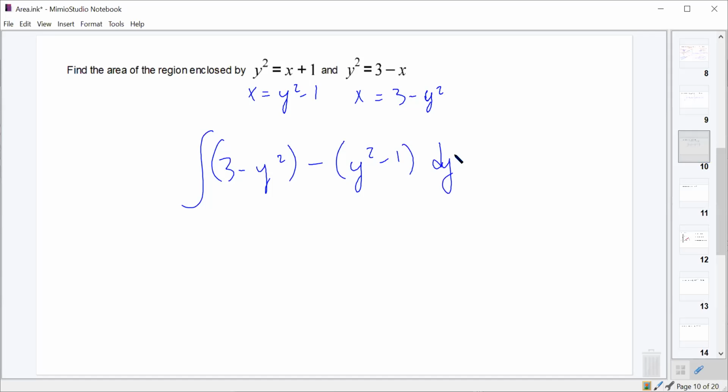And if we're doing it all in terms of y, it means we need to figure out the y values at which these two functions intersect. So we'll set y squared minus 1 equal to 3 minus y squared, giving you 2y squared equals 4, or y equals plus or minus √2. So -√2 to √2. Everybody good so far?